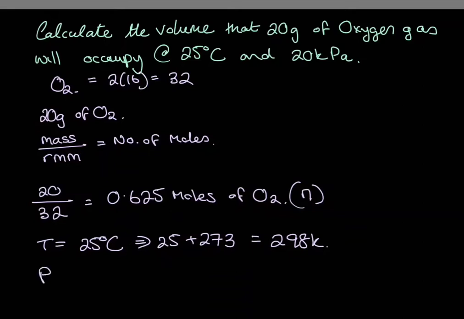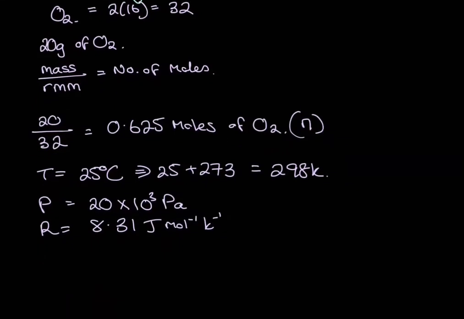Then we also have the pressure, which is 20 kilopascals. So just change that k to kilo, which is 10 to the 3 pascals. And you can write that as 2 by 10 to the 4 either, that's no problem. And our constant always stays the same, 8.31. And that's in your log tables.